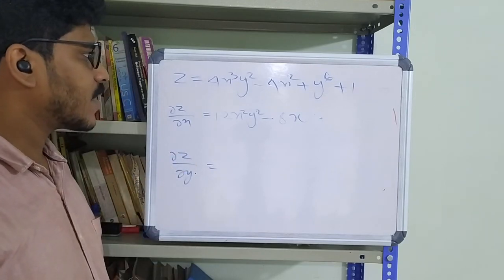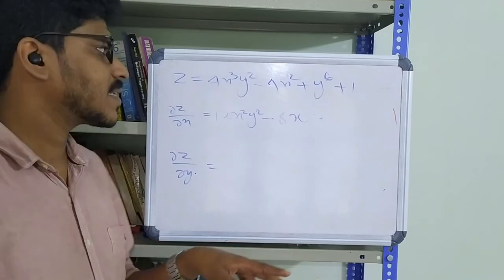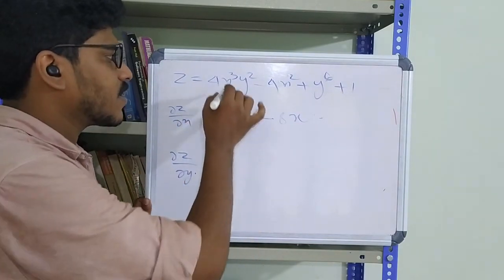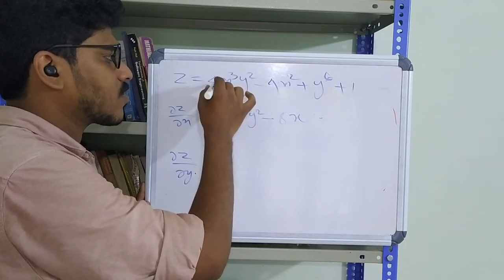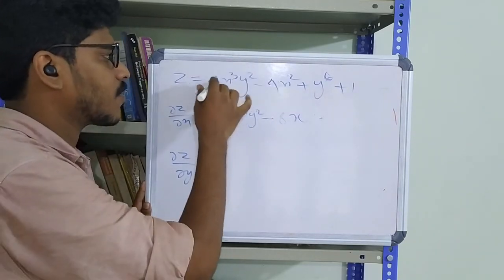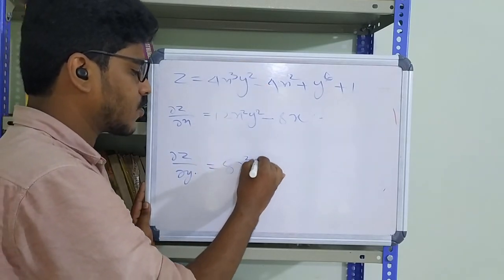Similarly, ∂z/∂y. Let's differentiate this expression with respect to y, keeping x as a constant. As we have done earlier, if x is a constant, then x cube is a constant, so 4x cube is a constant, and y square will have the derivative 2y, so 4x cube into 2y will be 8x cube y.